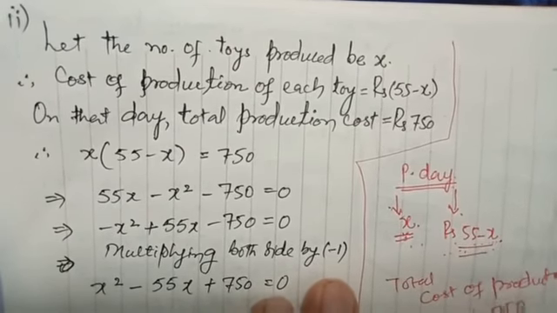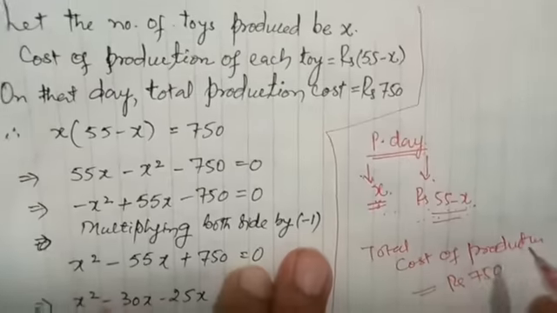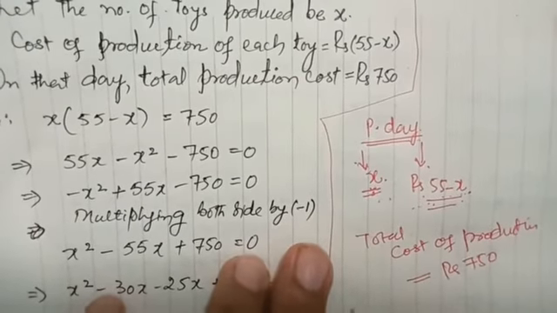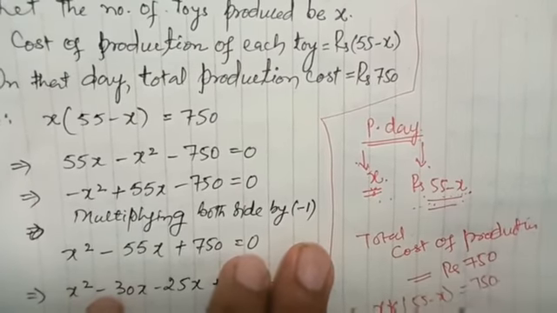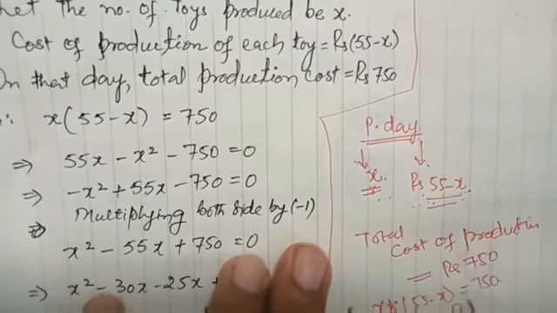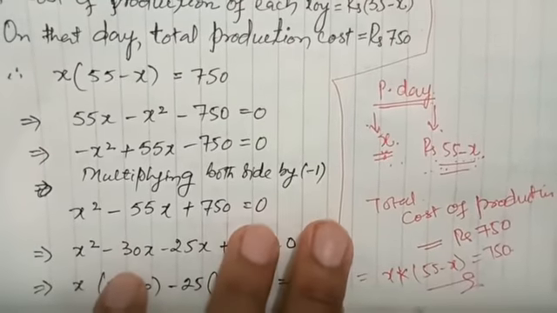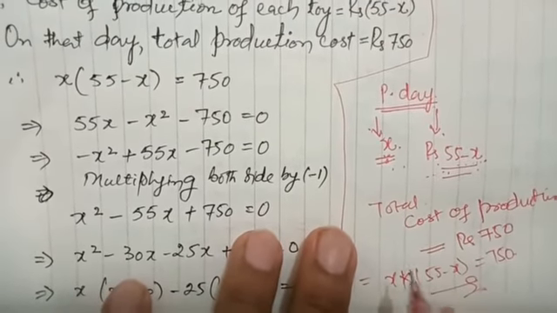Total cost of production is 750. Therefore we can write x into 55 minus x is equal to 750. Then we can solve it, and we will get the quadratic equation and we'll solve it accordingly.